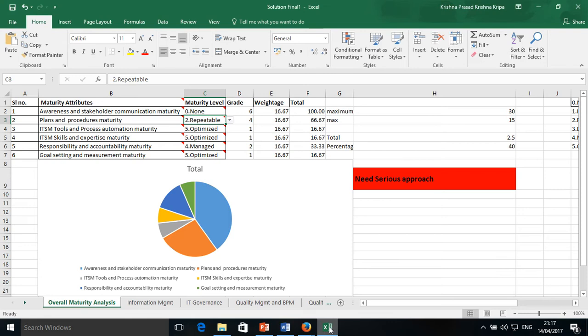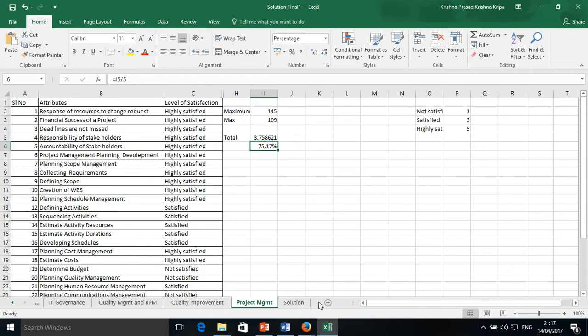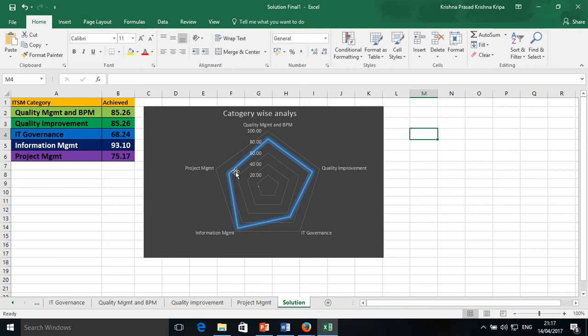On that basis, when we look at this result, it is performing well. Whatever frameworks they are using, for project management they have to give a little more attention, because lower performance can be clearly viewed here. Like that, the IT governance framework also must be rechecked.